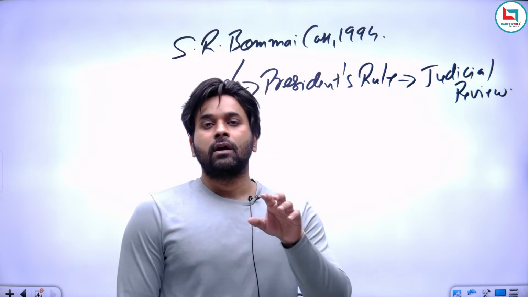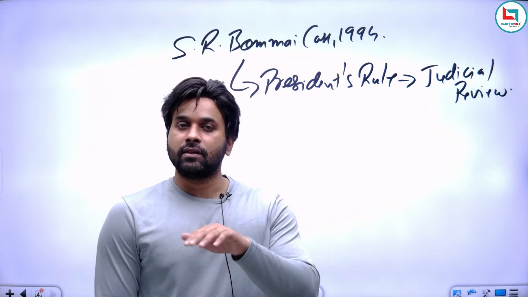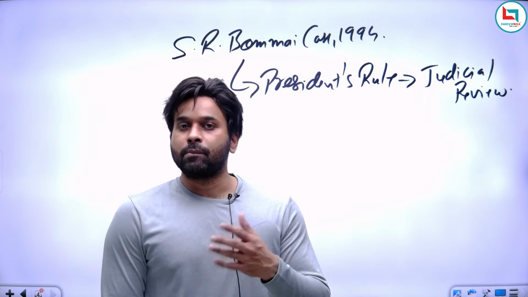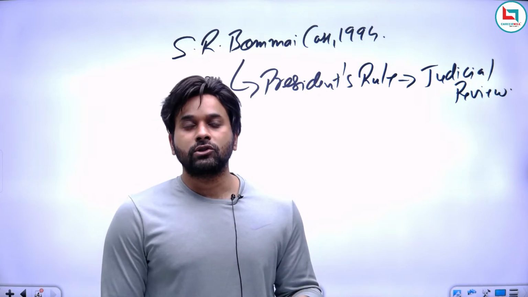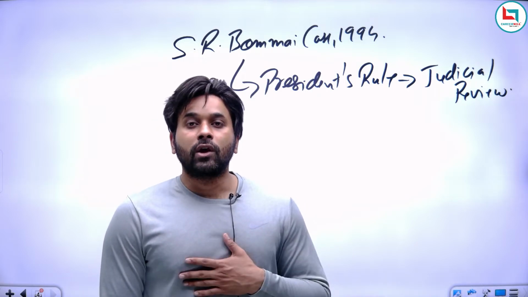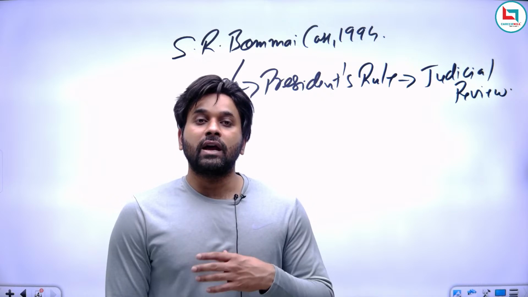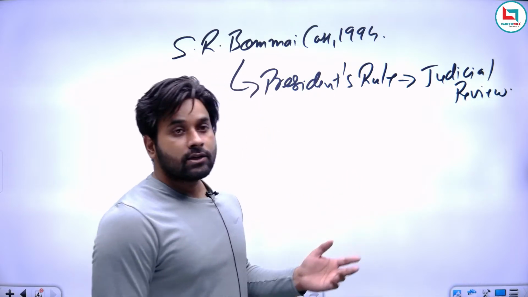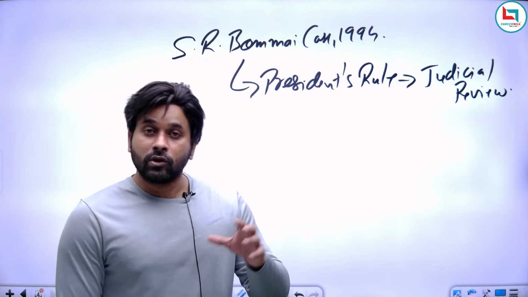Suppose, for example, in the center there is one party and in the state there is another party. So there are high chances that the president's rule can be imposed. But in the SR Bommai case, the Supreme Court straight away said that you cannot use president's rule as a tool or a weapon to harass these states. So in this case, the Supreme Court said that the president's rule is subject to judicial review.